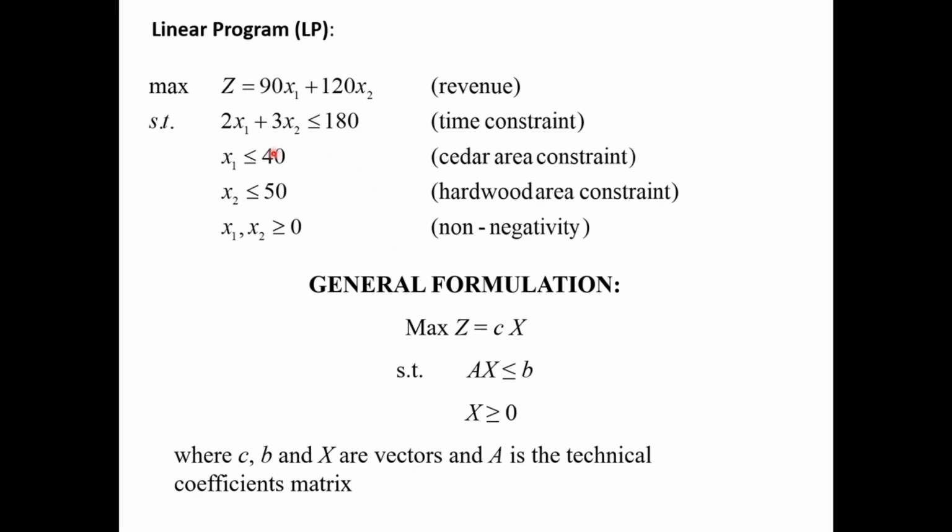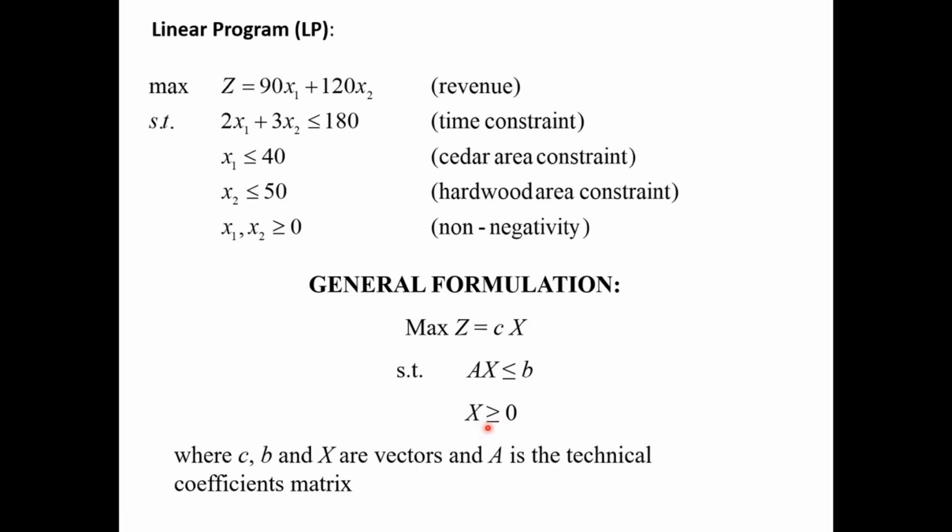A is simply a matrix that has 3 constraints in it, so 3 rows, and 2 columns. All right, x1 and x2, and then we have this x greater than or equal to 0.